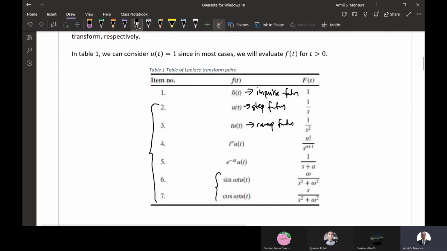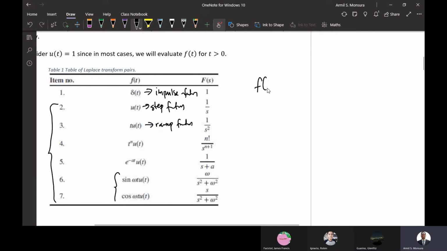Sa kabila natin lagay. So, whenever we multiply f of t with u of t, the product becomes f of t whenever t is positive, and it becomes 0 when t is negative.